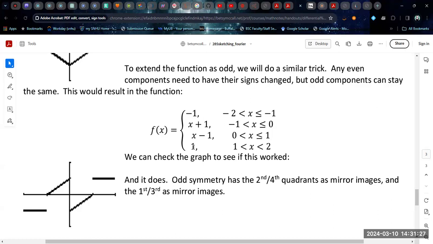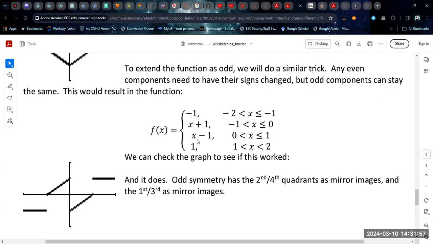That flips for the odd function, because you're going from the first to the third quadrant, not the first to the second quadrant. And then this segment right here, in order to flip it over, can't intersect at -1 anymore. It has to move from the fourth quadrant to the second quadrant. So what's actually happening now is we're changing the intercept, not the slope.